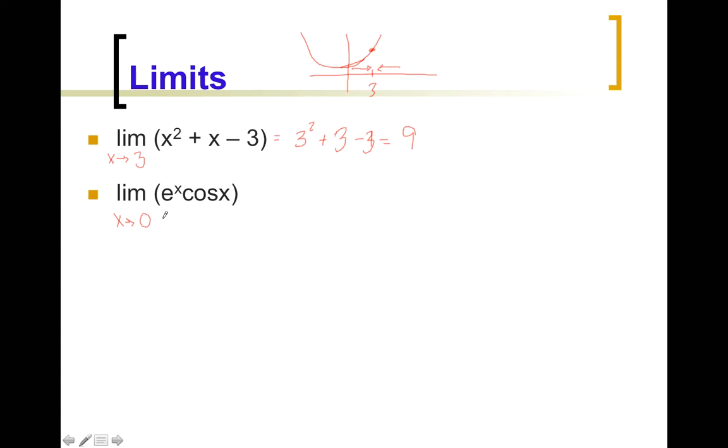So 0 is not a problematic point, and again, all I have to do is plug it in. e to the 0 power is just 1, and cosine of 0 is also 1, and therefore the limit as x approaches 0 is 1. You can plug in any number here and you'll still get an answer. It won't be 1, but it will depend on what x value you're getting close to.